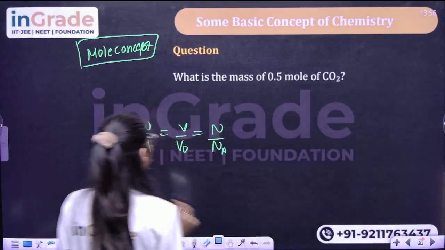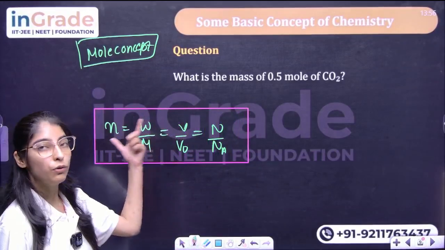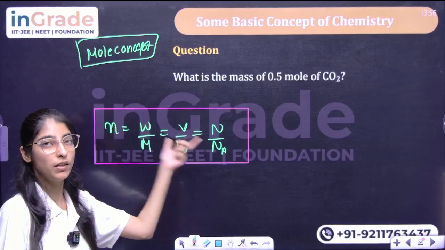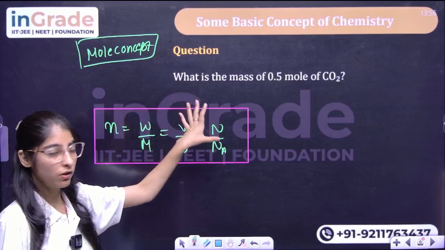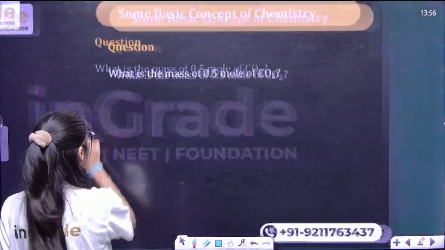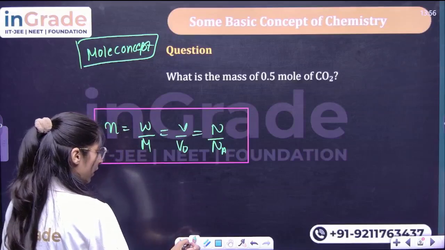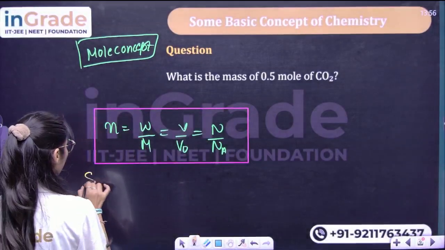I am considering that you have learned this formula and know the meaning of V, W and N. I am simply going to apply this formula on these questions, so try to solve this with me. Let's see the solution.